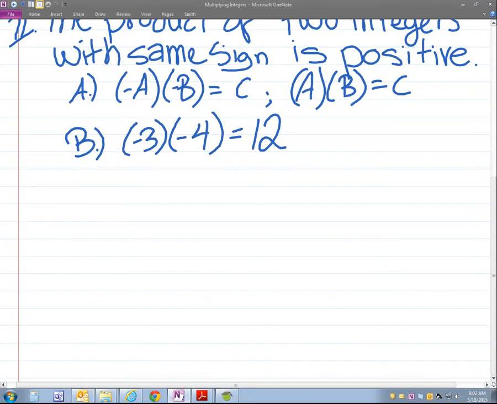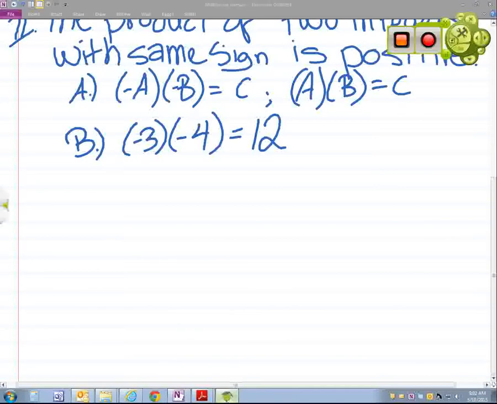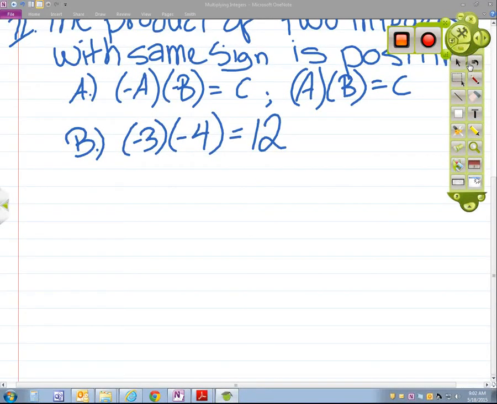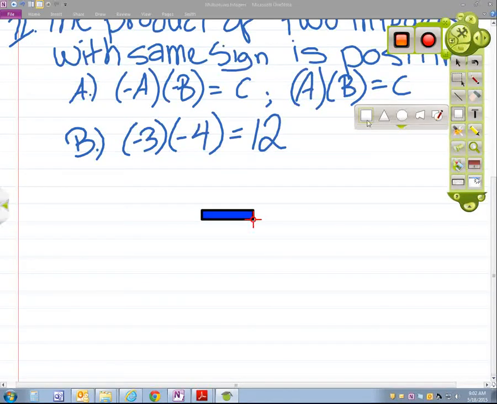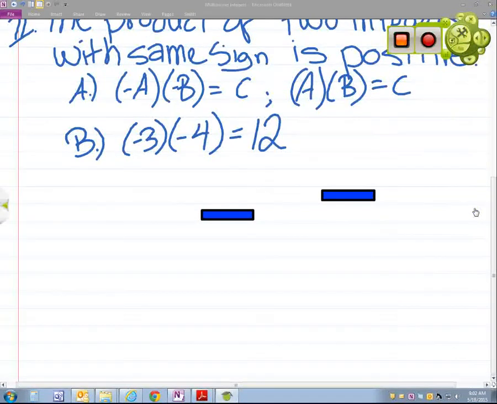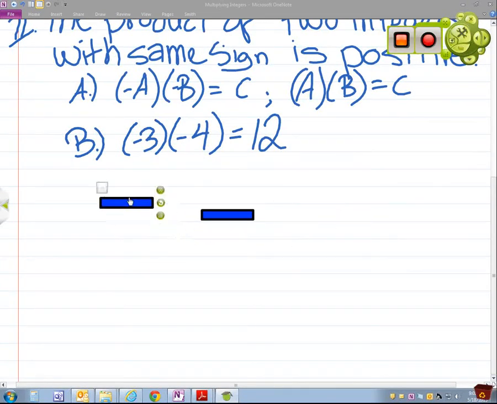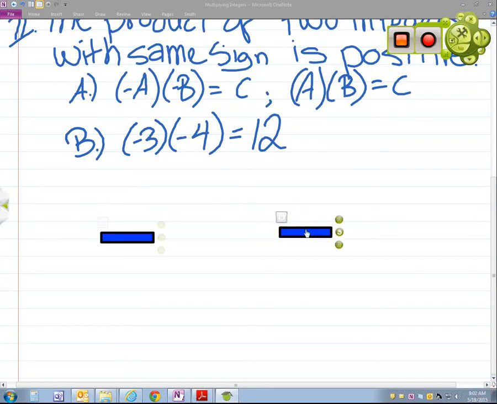Also, another way to look at it, once again, is if we do the thing that we did similar to before. Remember how we had these guys?